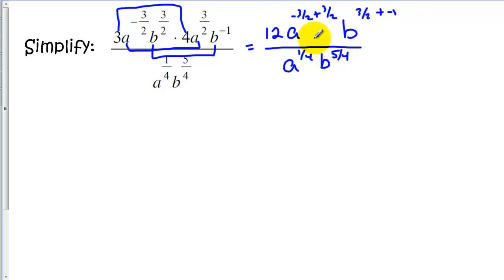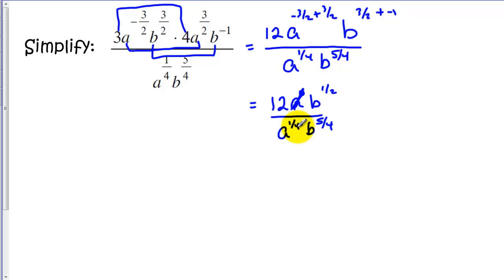So if we do the arithmetic of our exponents on the top, we've got a to the 0 power, and b to the 3/2 minus 1, which is 1/2. And on the bottom we have our a to the 1/4 and b to the 5/4. So remember, a to the 0 power is 1, so we have 12 times 1, so that just disappears.